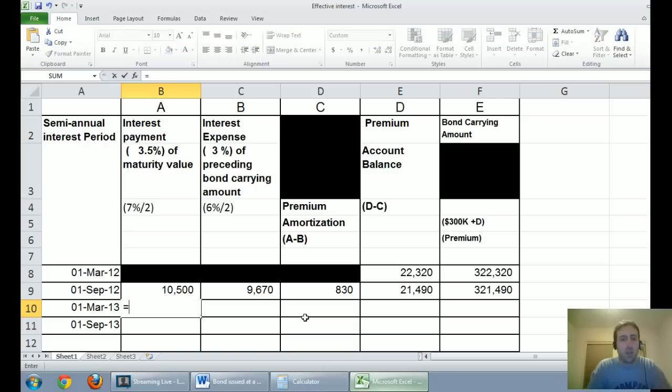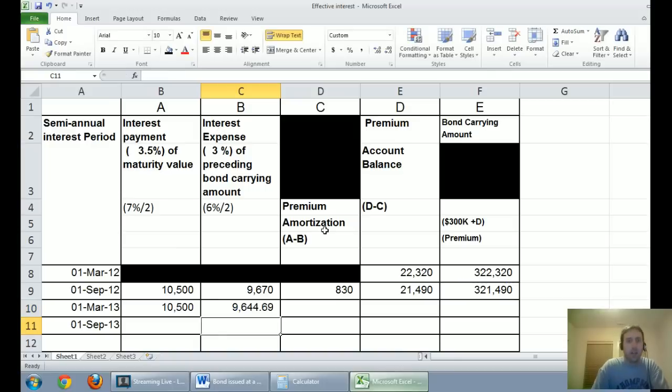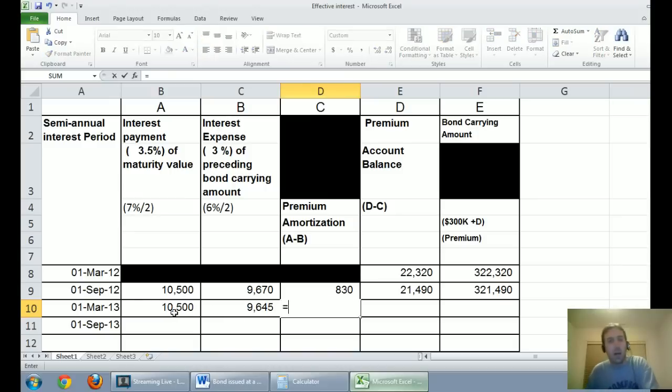Our interest payment is 3.5% of the bond's maturity. 3.5% times 300,000 is 10,500. Our interest expense is 3% of the preceding bond carrying amount, the carrying amount immediately before this line, 321,490. That gives 9,644.70, so 9,645. 10,500 minus 9,645 is 855.